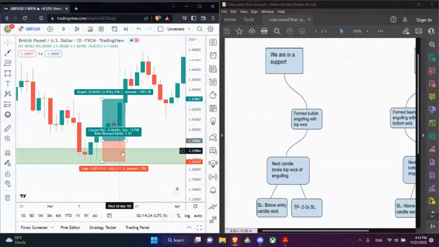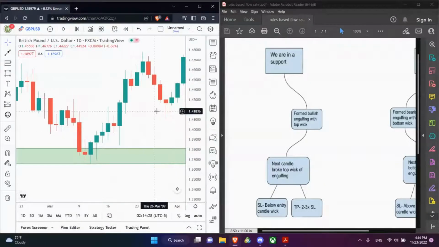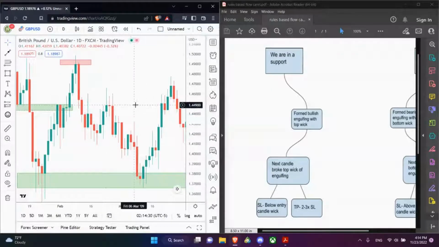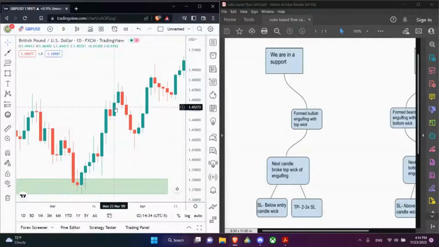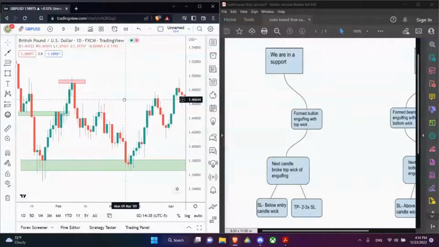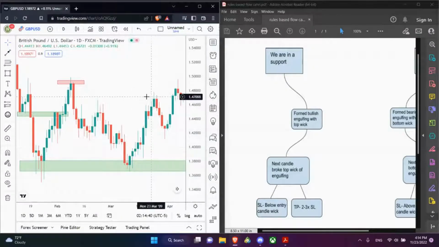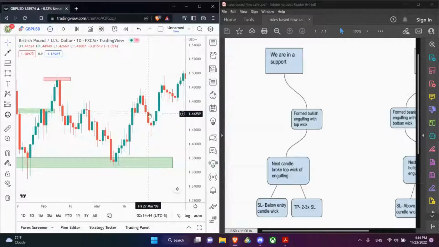All right. We actually would have had a little bit of drawdown right there, but ended up shooting back up. All right. So we're going to continue on here. This one technically isn't in a defined resistance, so we won't count that. It would be a win still, but we're not going to count it.